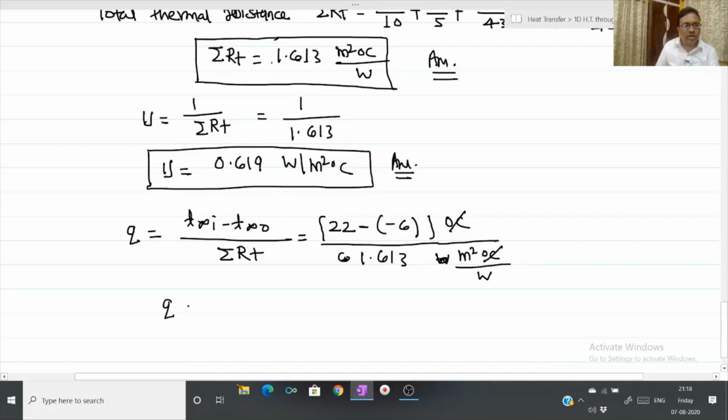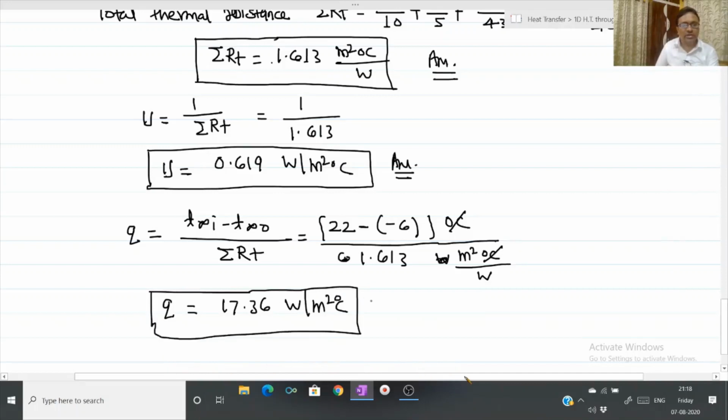So Q will be 17.36 watt per meter square. So this way I could get the heat loss per unit area.